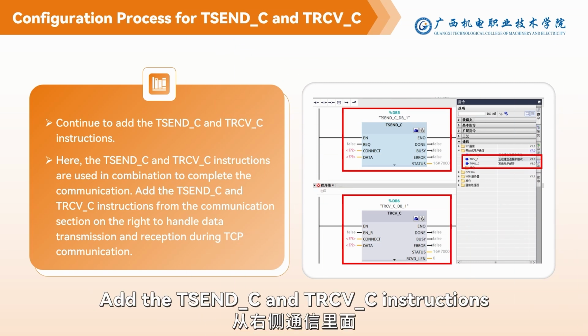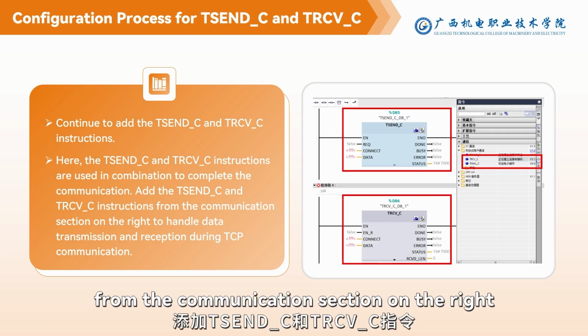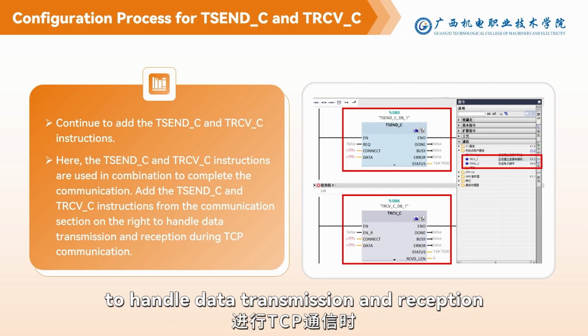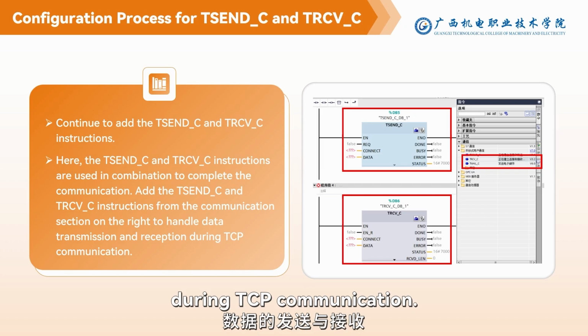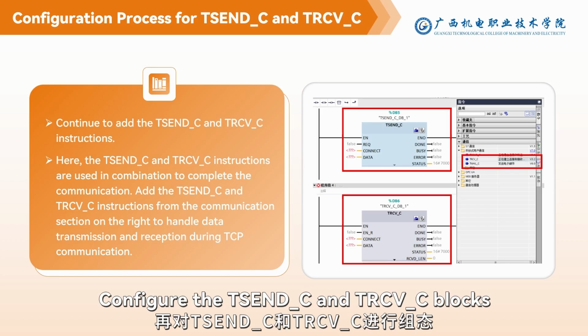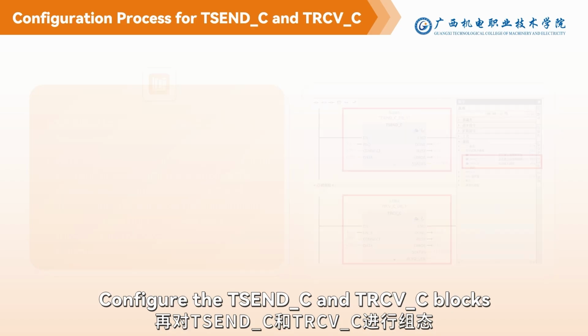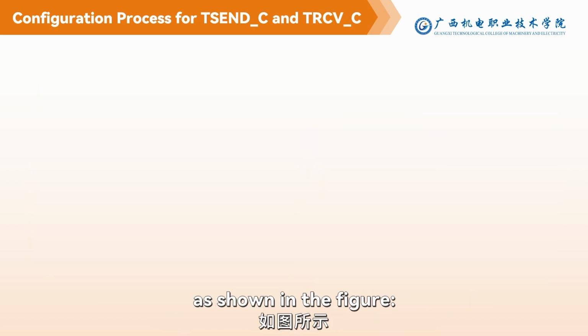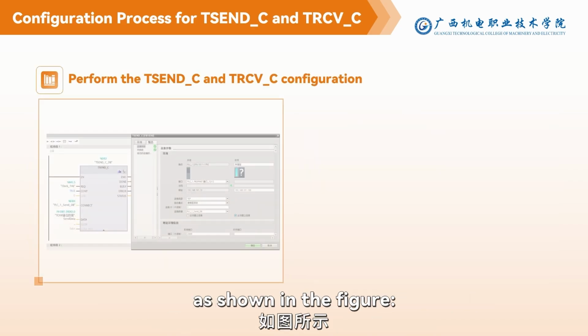Add the TSEND and TRCV instructions from the communication sections on the right to handle data transmission and reception during TCP communication. Configure the TSEND and TRCV blocks as shown in the figure.